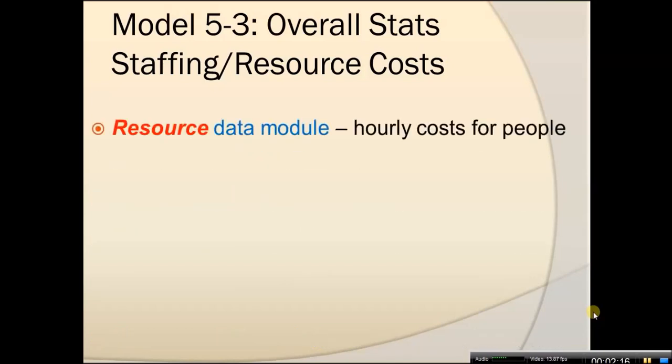So again, in the resource data module, we already entered some hourly costs for some of the people, and we also need to make sure that we added those for some other resources. So we need to check whether we entered $20 per hour salary cost for the sales staffers.